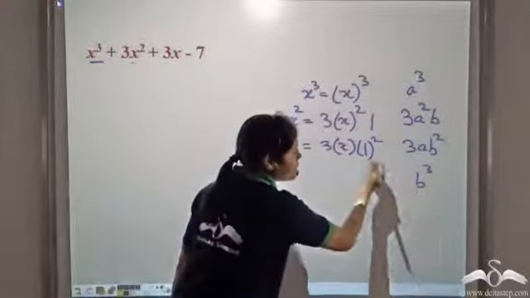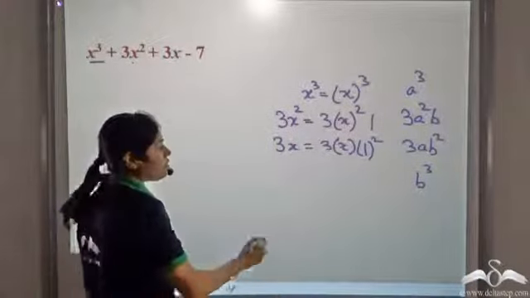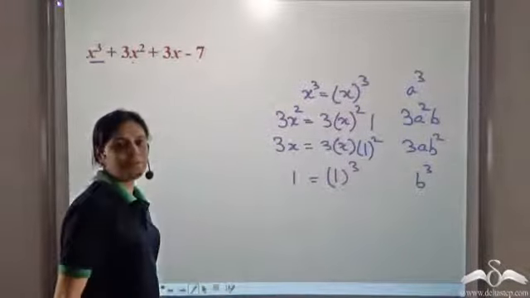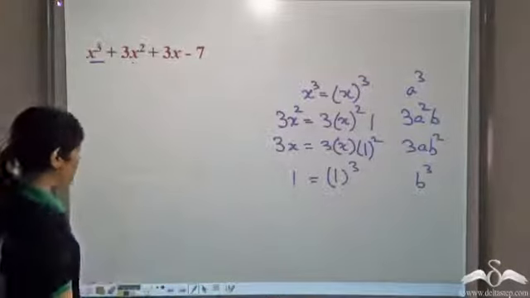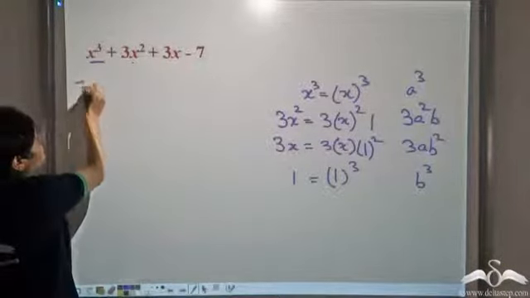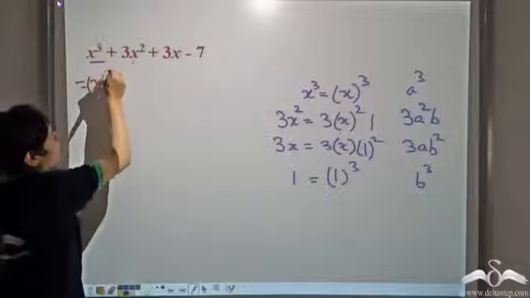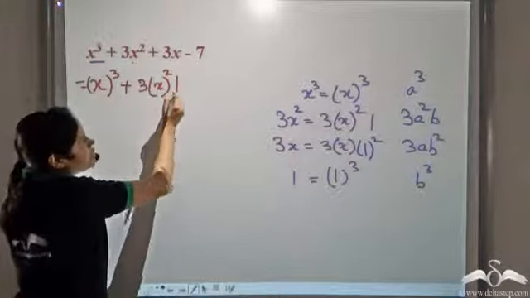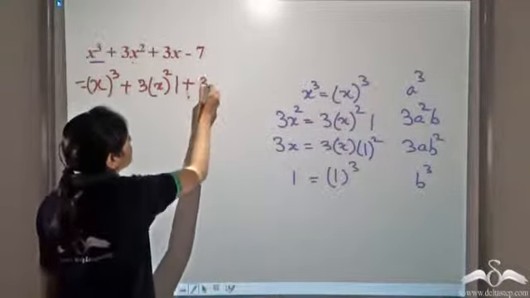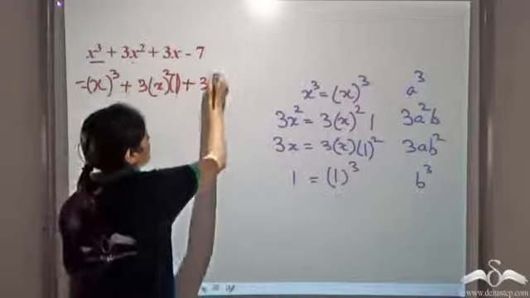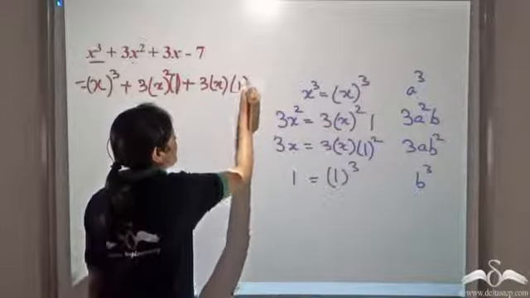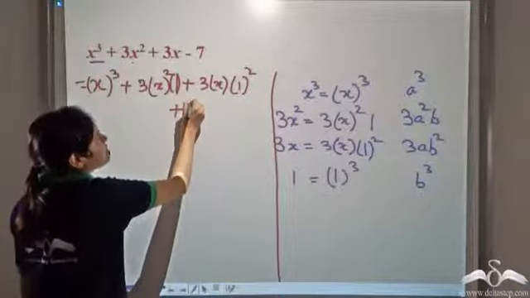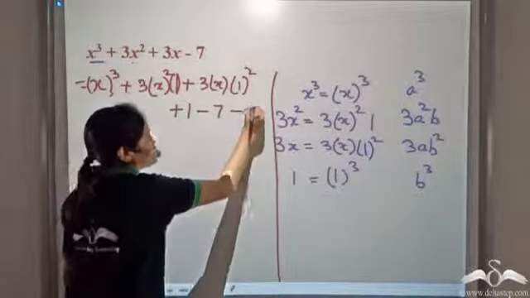We have taken b to be 1. So we require 1 cube. 1 cube is equal to 1. So let us add a 1 here. So let us write it as x whole cube plus 3 into x whole square into 1 plus 3 into x into 1 square plus 1 minus 7 minus 1.